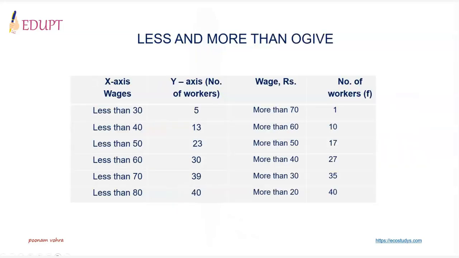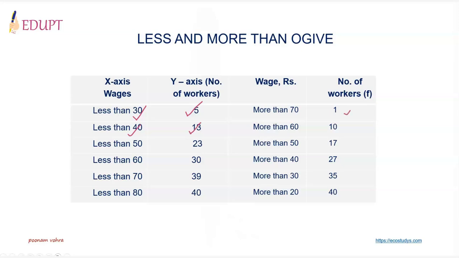Now, we need to combine less and more than cumulative frequencies to plot less than and more than or give in the same diagram. We have already found that there are 5 workers who get wages less than 30. There are 13 workers who get wages less than 40 and so on.